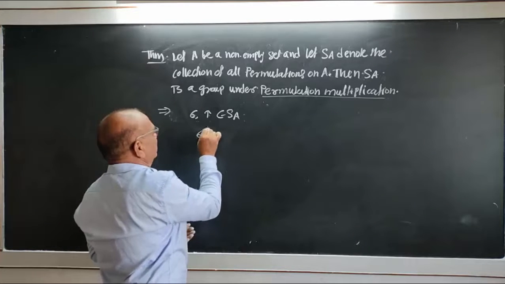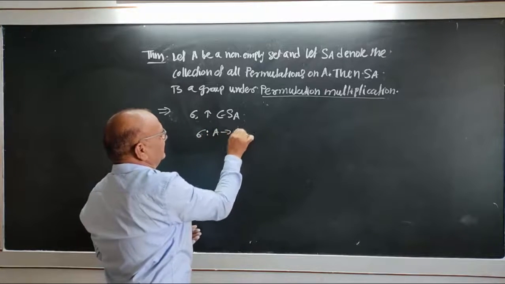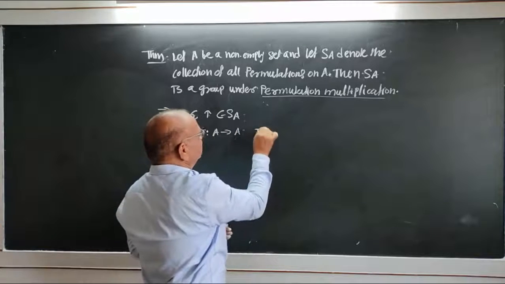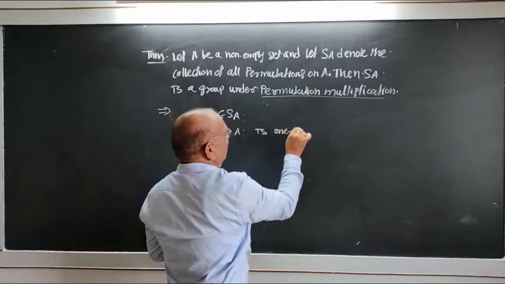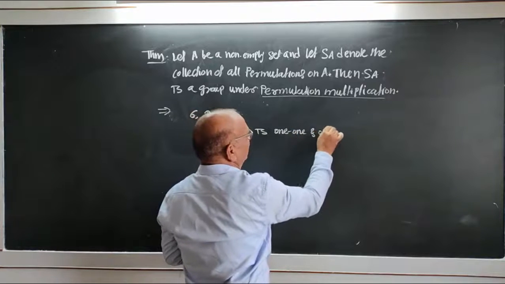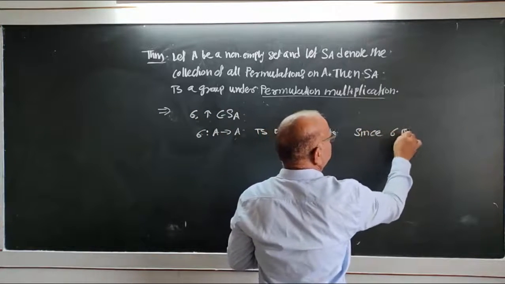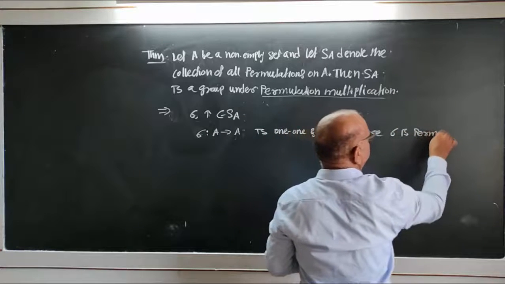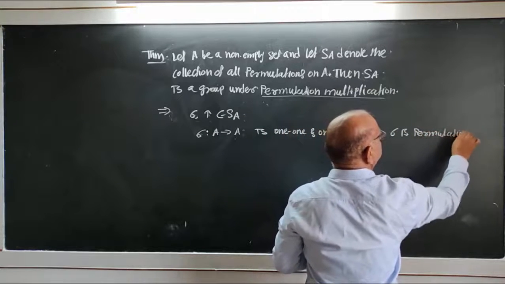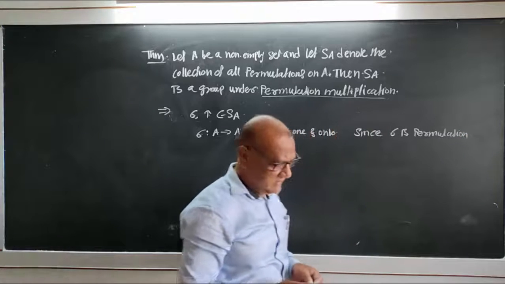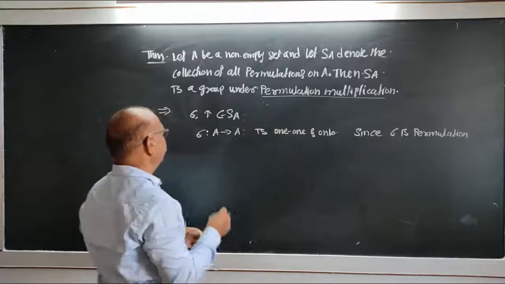Sigma from A to A is 1-1 and onto, since sigma is a permutation.